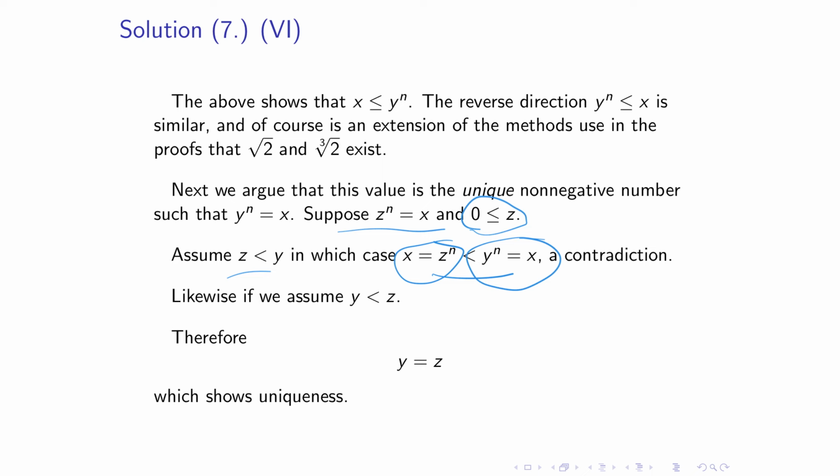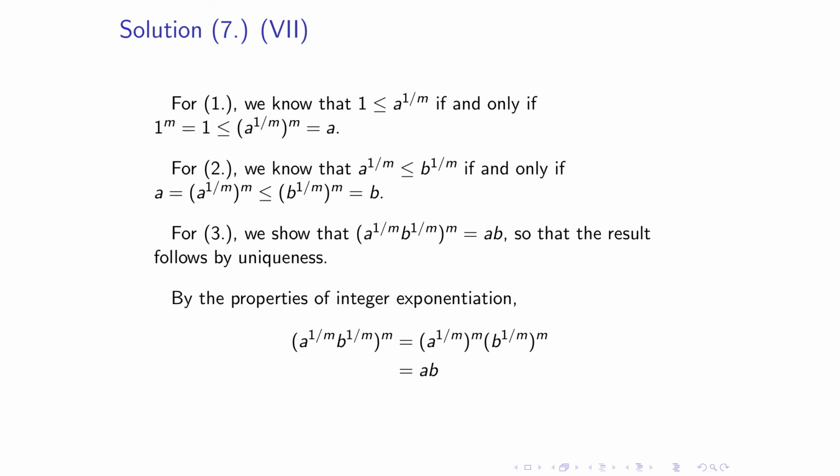Then we have that x is less than x, which is a contradiction, so this cannot be true. We could do the reverse in the same way. The upshot is that y is equal to z, and that demonstrates uniqueness. Now that we have demonstrated the existence of nth roots, we can move on to these other parts of the exercise.